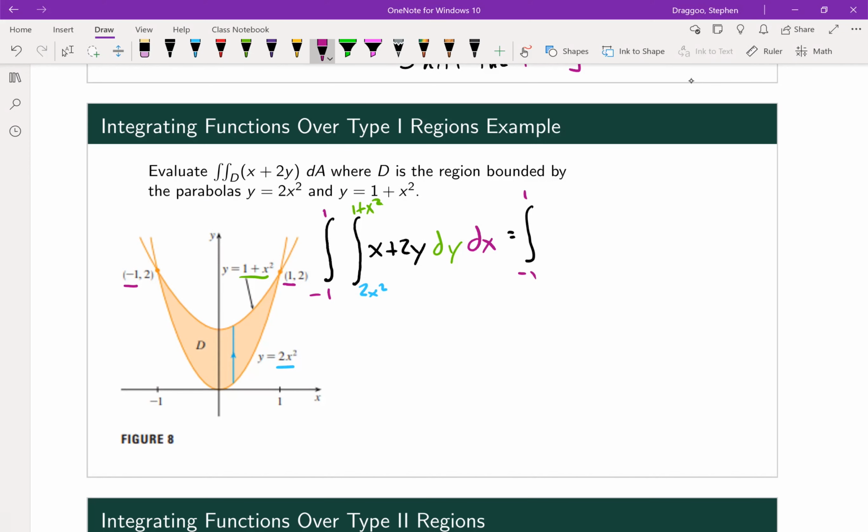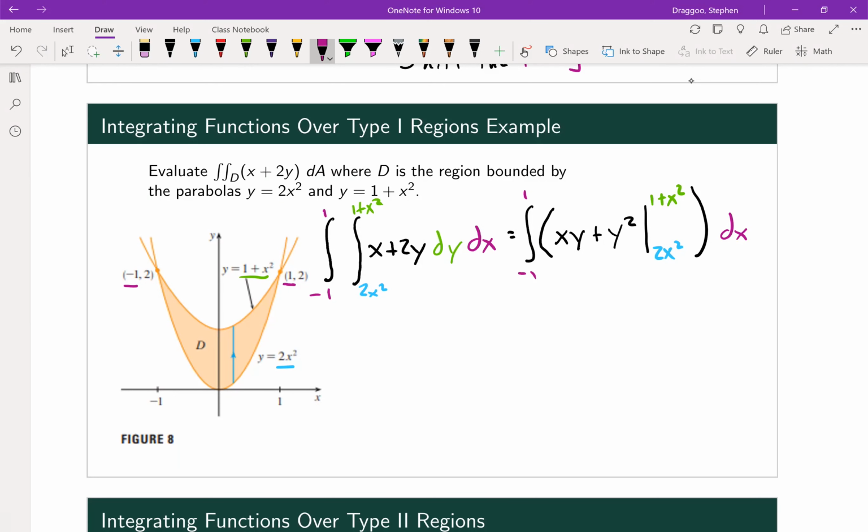But we're not going to worry about it, as first we'd like to deal with the y partial, what's that going to come out to? Looks like we'll have xy plus y squared. And we'll evaluate it from 2x squared, we'll stick to the same color scheme we started with, up to 1 plus x squared. And then finish that off with a dx.